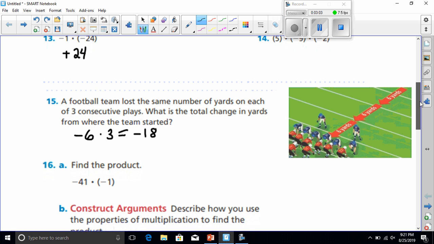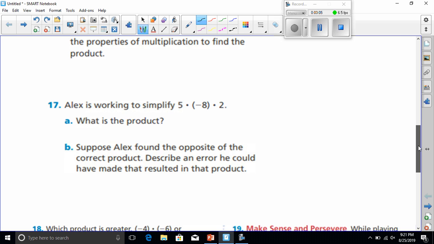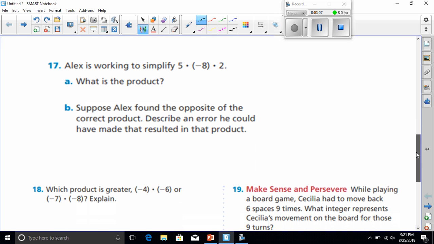All right, let's scroll down here to number 17. It says Alex is working to simplify 5 times -8 times 2. To do this, we have to go ahead and use our rules again. 5 times -8 is going to give us, 5 times 8 is 40.